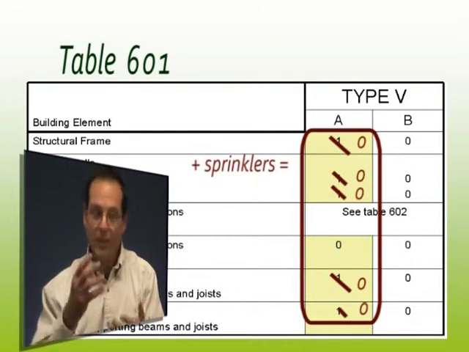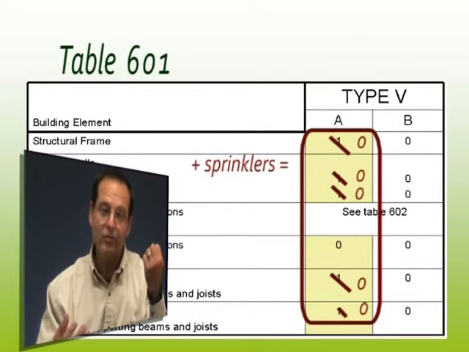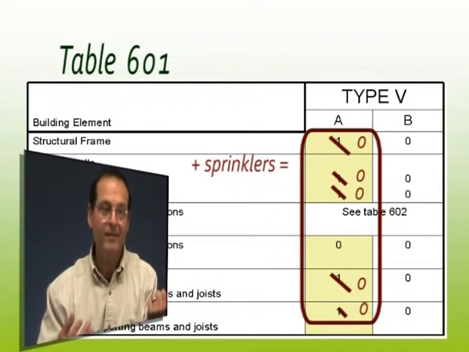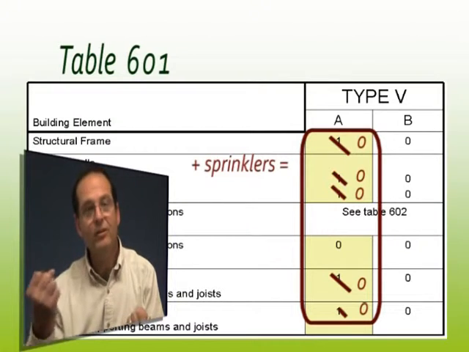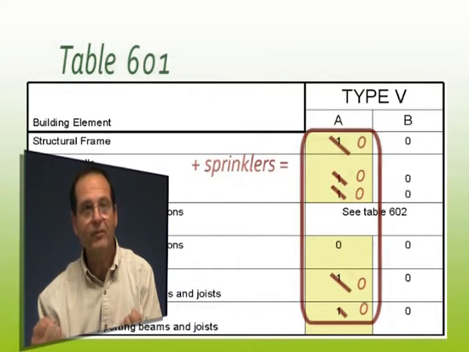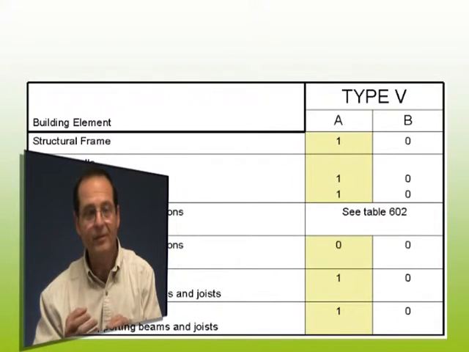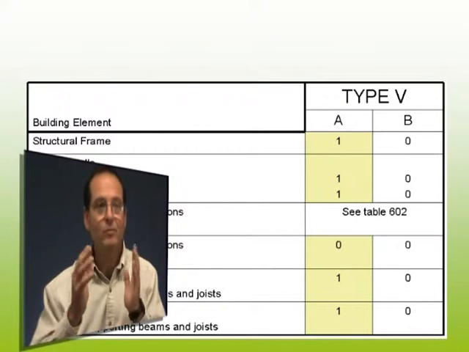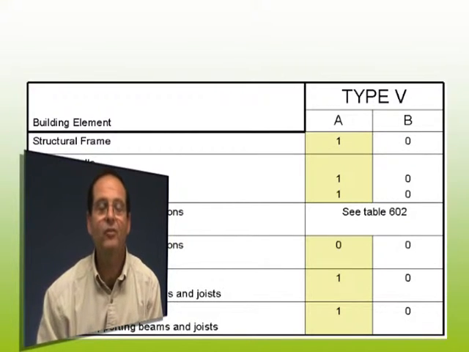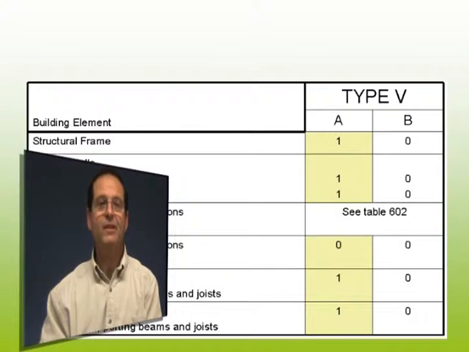So the code says you get one or the other. Either use it to increase your stories and your height, or use the sprinklers to decrease the rating of these various elements. One or the other. But right now we're setting it as 0 for all those elements. Continue on, please.